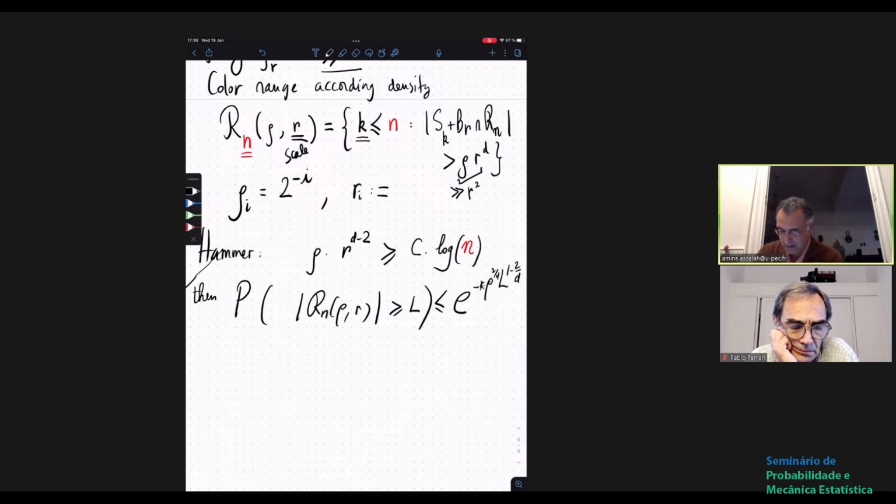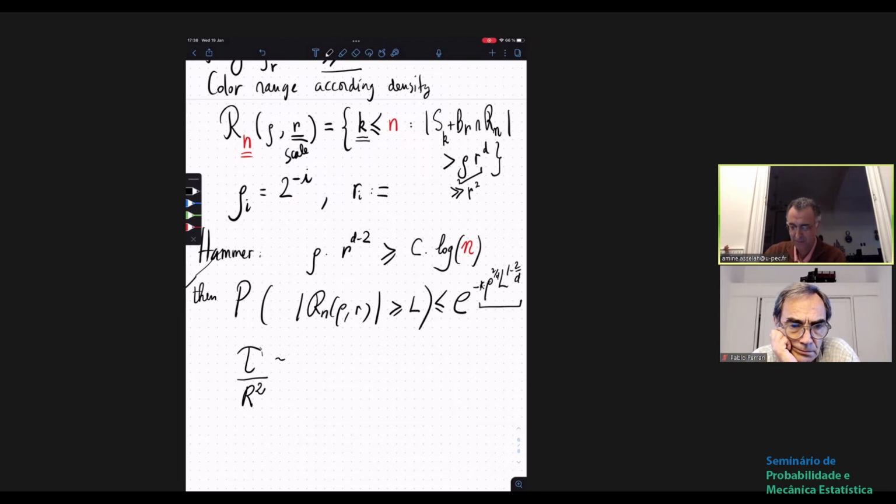And so you might think that this is weird or not understandable, but this is exactly a localization event. You can think of it as meaning that you spend a time t in a region of radius r. And this can be written in this way if you accept that.